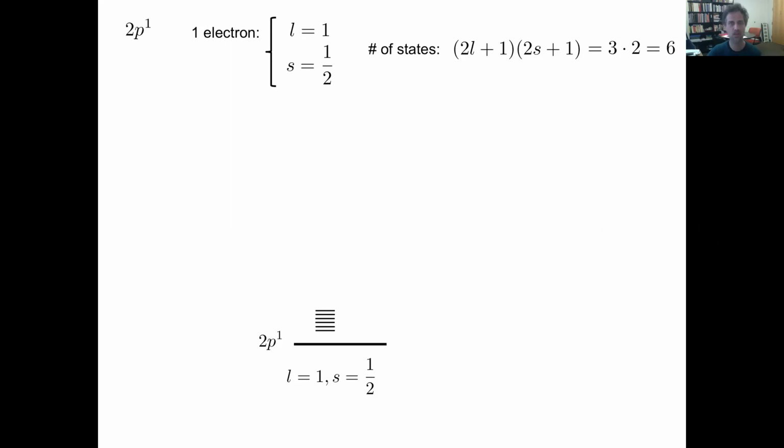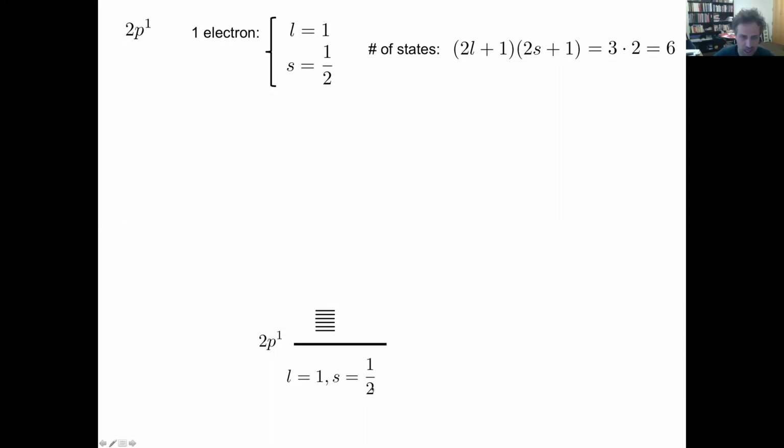So if we don't really consider spin-orbit coupling, all these 6 states will have the exact same energy, no difference between them. So there's degeneracy. This state has a 6-fold degeneracy. 3 because 3 orbitals are available, and 2 because you can order the spin up or down. So 6 times degenerate.